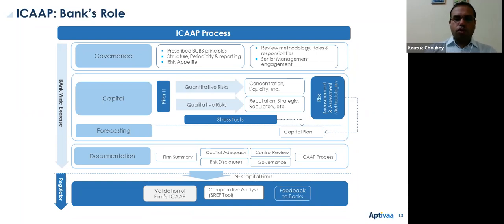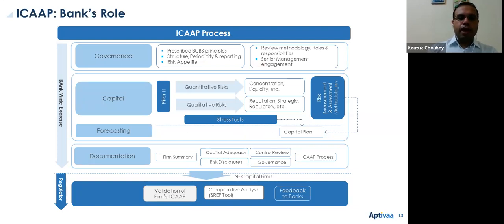Now, in terms of a bank's role for ICAAP, as we saw, it begins with the governance. So the governance acts as an overarching layer where the policies are formulated, the risk appetite, which is the guiding document for the bank, is formulated, and plus there are different designated teams within the senior and middle management, which tend to oversee different components of this process.